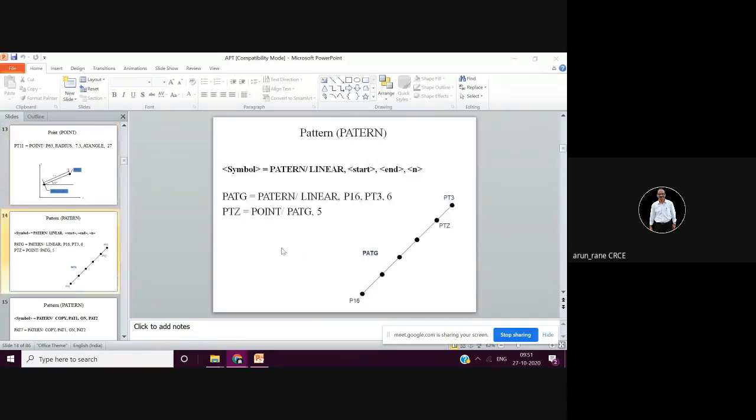Then you can describe the various points by the pattern method, if they are equispaced. Like now here there are totally 6 points and 5 points are repeated. Then you can use this.